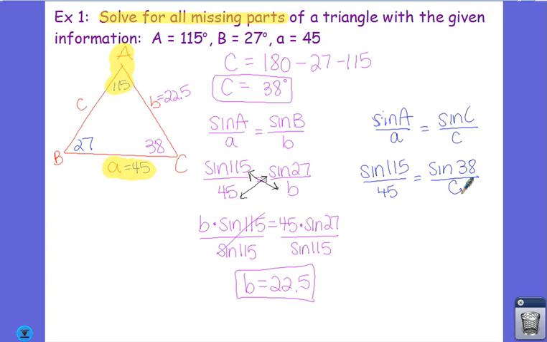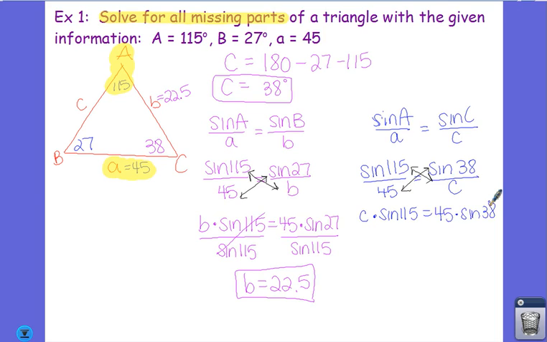We're going to cross multiply. So sine of 115 times c is simply c times the sine of 115, and 45 times the sine of 38 is 45 times the sine of 38.